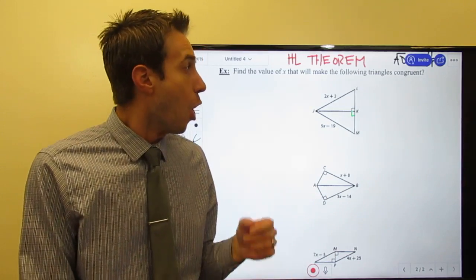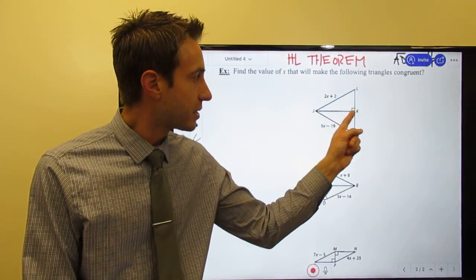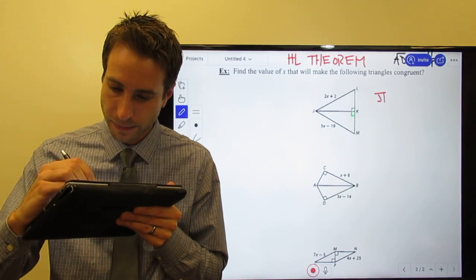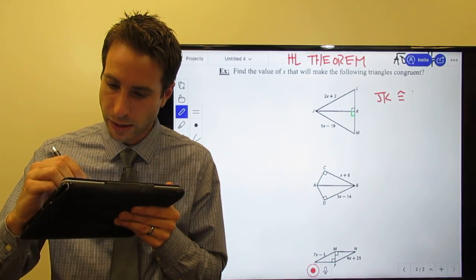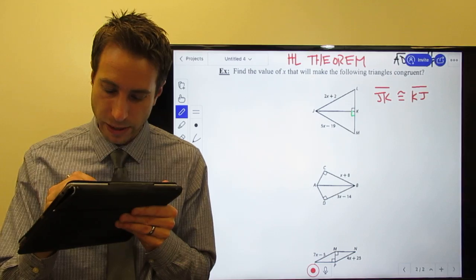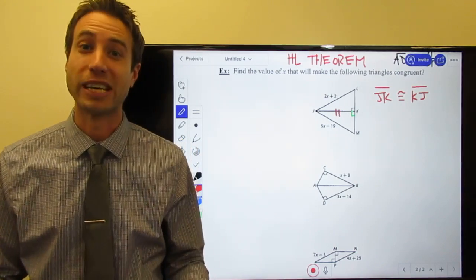You guys got that. Okay, well then here's what I know. This is a leg, and JK has to be congruent to KJ, thanks to the reflexive property. So here's what I need.